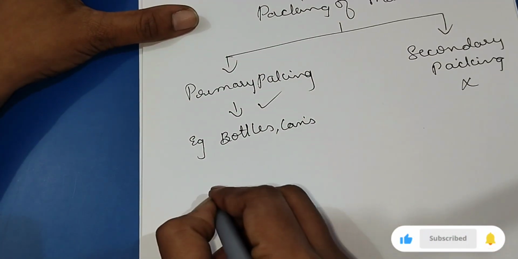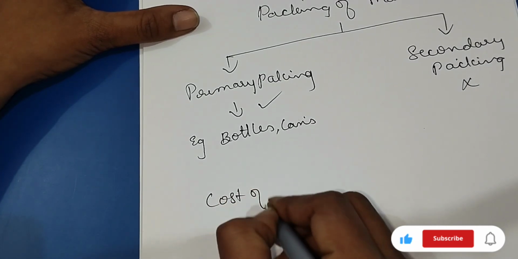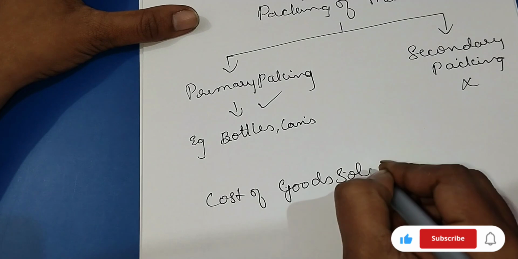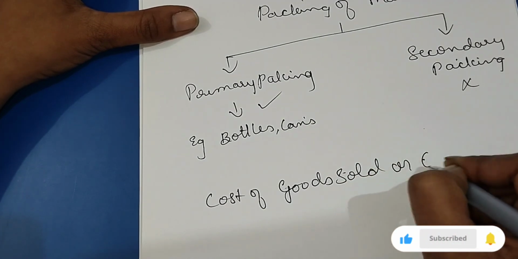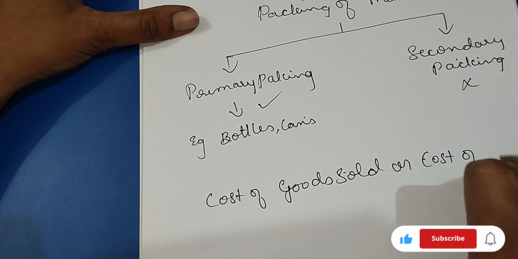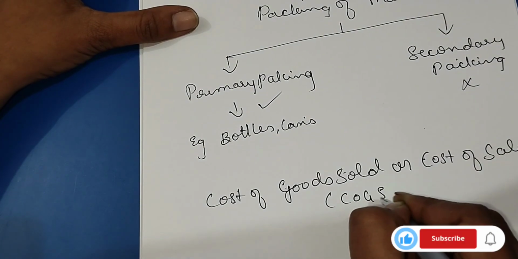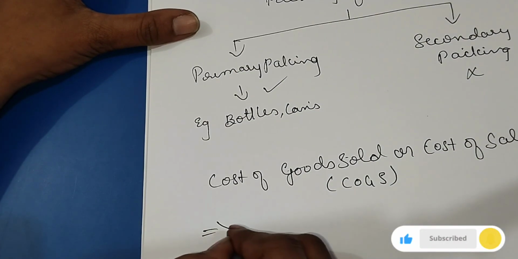Then cost of goods sold or cost of sale. The COGS everybody knows, right? What is COGS?